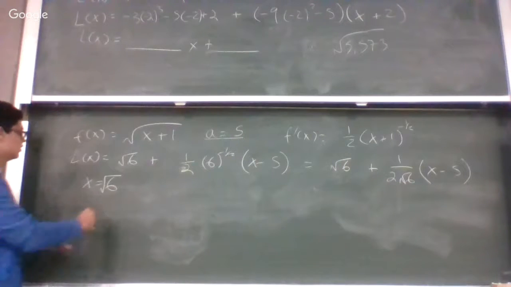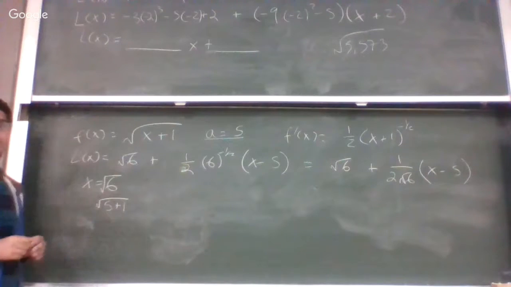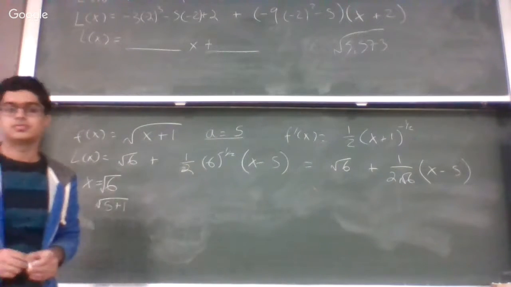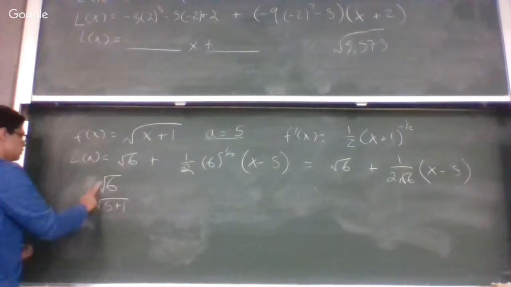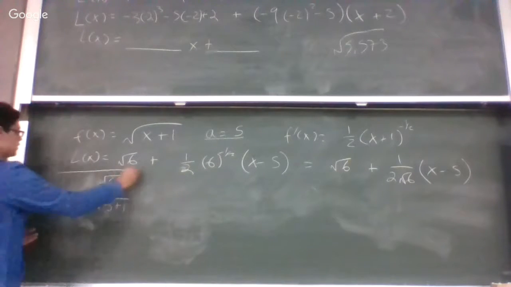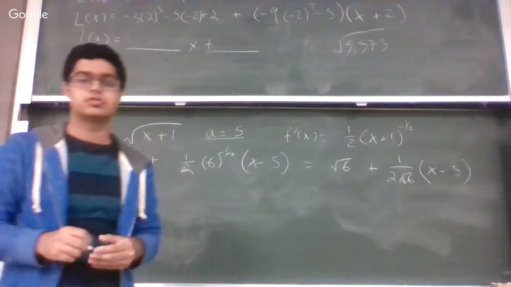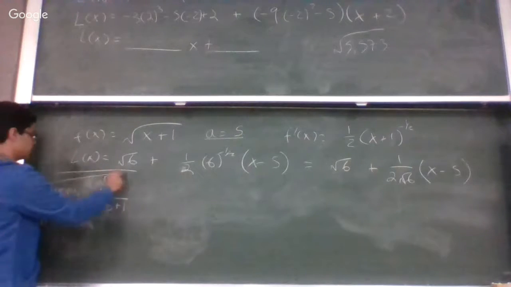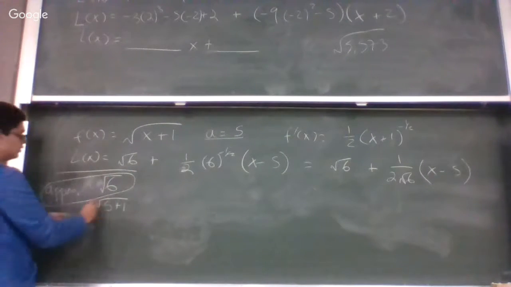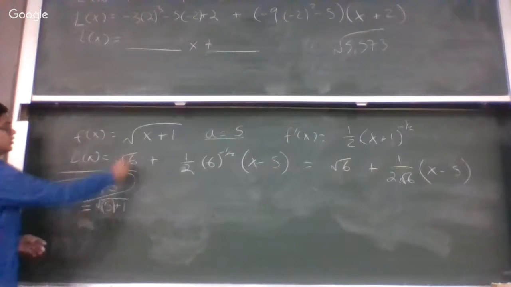So this is also equal to the square root of 5 plus 1. So the problem will say approximate the square root of 6. Okay? You'll be given this. You know this is equal to the square root of 5 plus 1. When you convert it to that, this 5 is your x value.